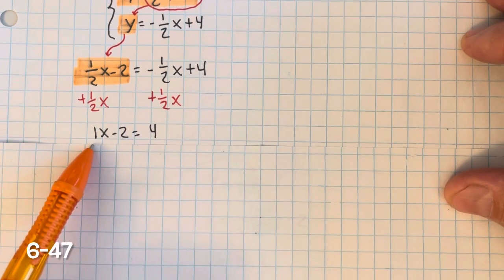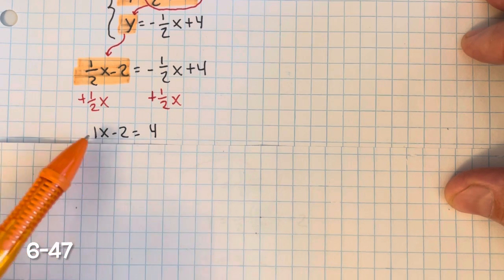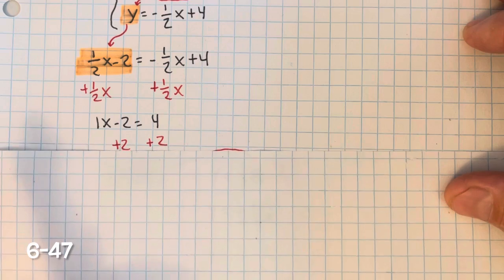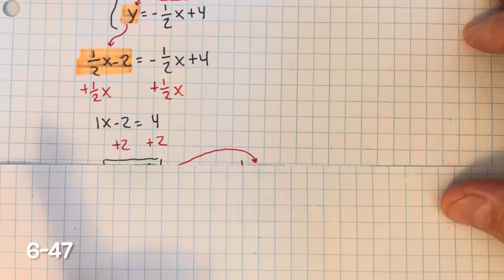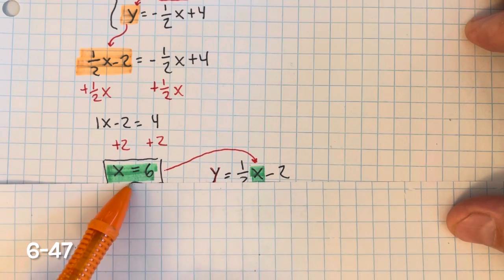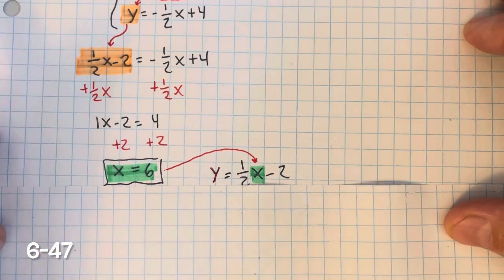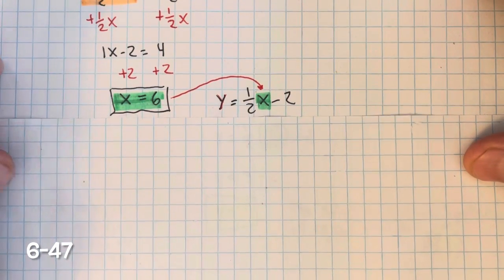So you can have 1x or just x. And we still want to get x by itself, so we're going to add 2 to both sides. This created a zero pair. And now I have 4 plus 2 equals 6. So x equals 6.